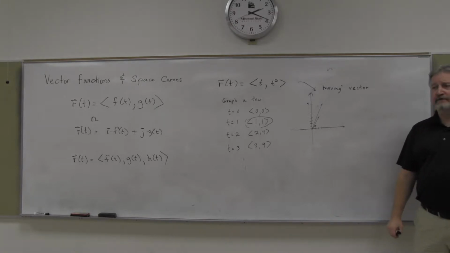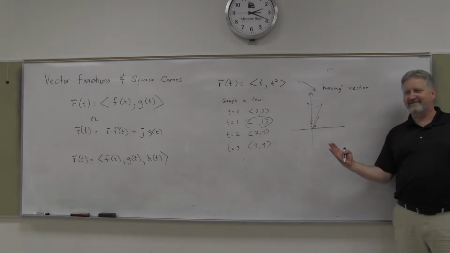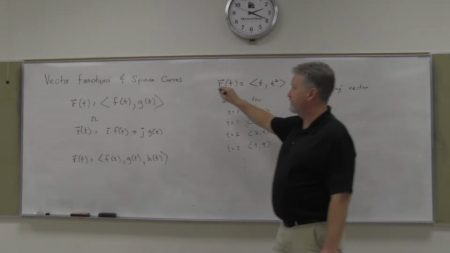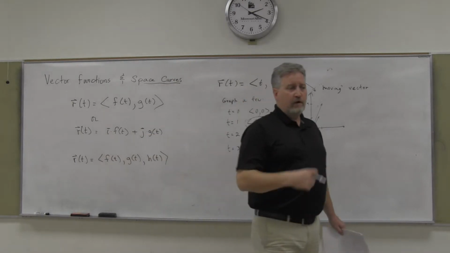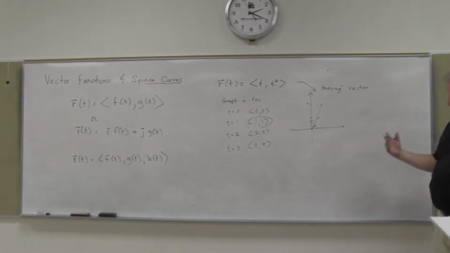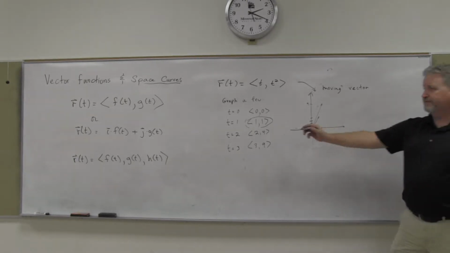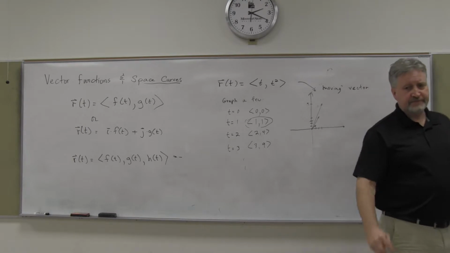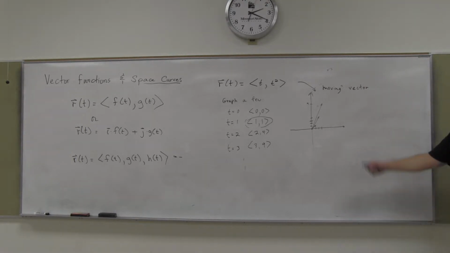Now, that's usually not how we graph this. What we usually do is connect the points with a space curve, as they call it, because ultimately we're going to 3 dimensions. In this case, we can still do it in 2 dimensions.